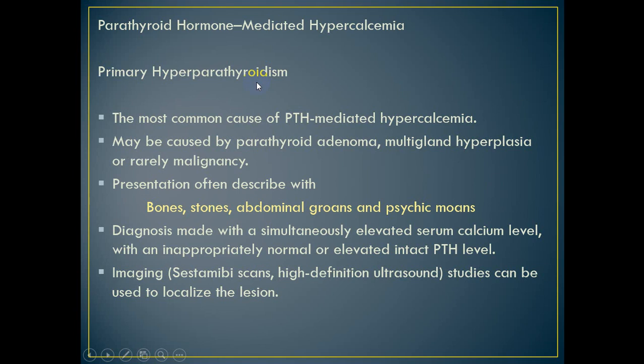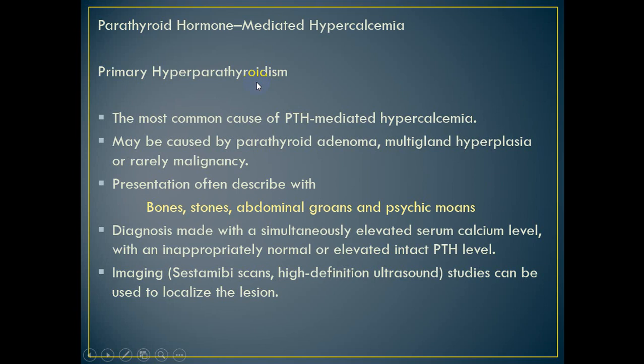Also, we need to collect a 24-hour urine to measure urine calcium, which is usually more than 500 milligrams per 24 hours. After biochemical confirmation, we need to localize the lesion by imaging study, and the most specific imaging is a sestamibi scan, or we can use high-definition ultrasound.